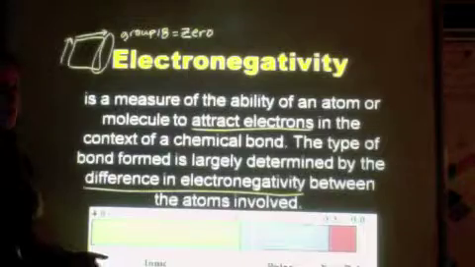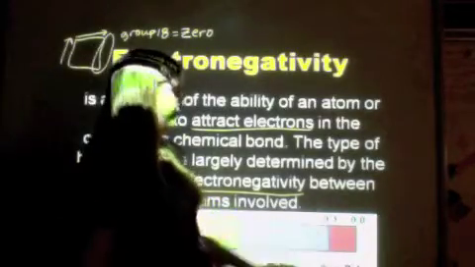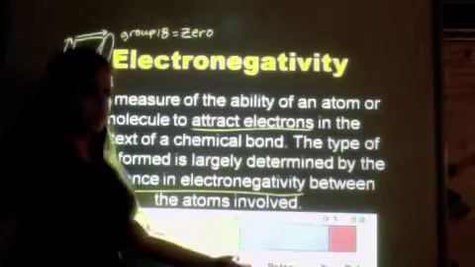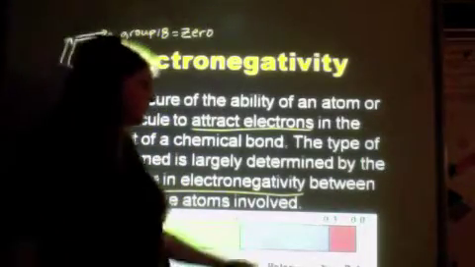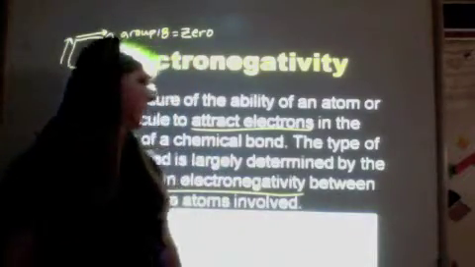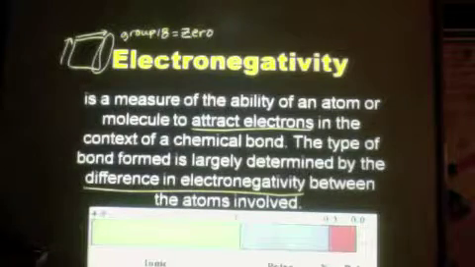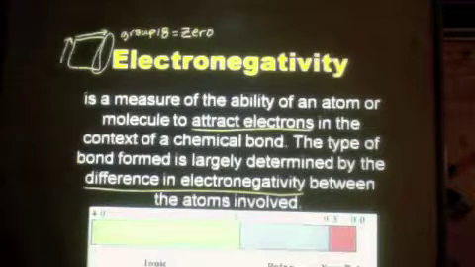There's no sharing going on, so it's going to be a big number. If it's between 1.7 and 0.3, it's called polar, which we're going to talk more about in just a second. Below 0.3 or 0 is going to be nonpolar. So if I give you an electronegativity difference value, you should be able to tell me what type of bond it is.